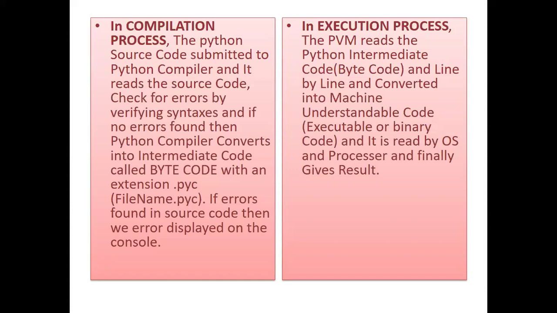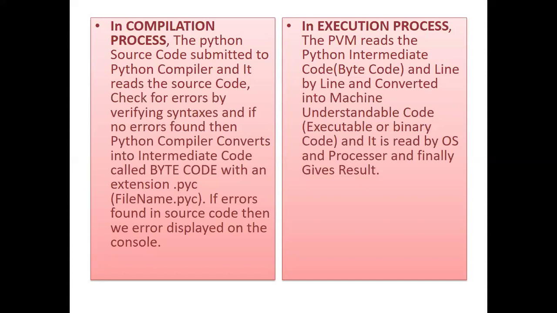And if an error is found in the source code, the error will be displayed on the console. In the execution process, the PVM reads the Python intermediate code line by line, converts it into machine understandable language, which is read by the OS and processor, and finally gives results.